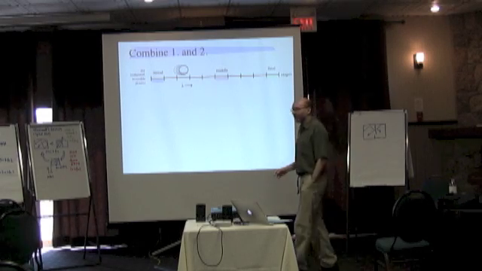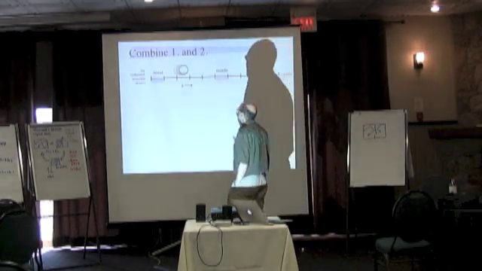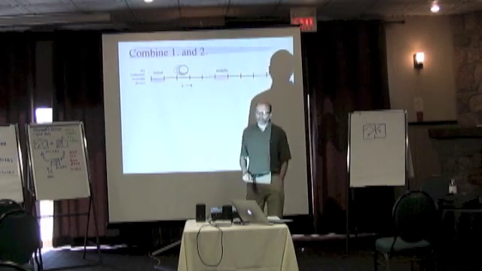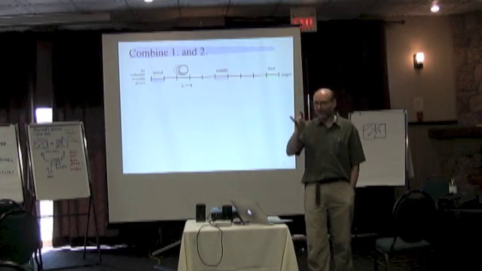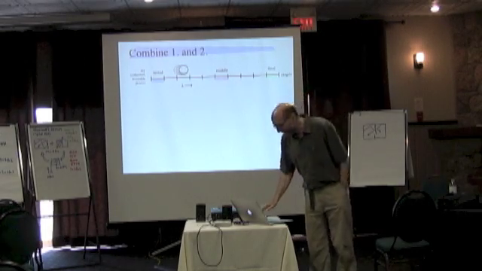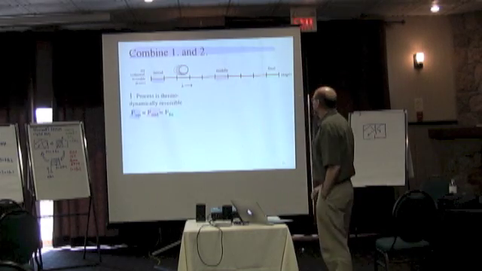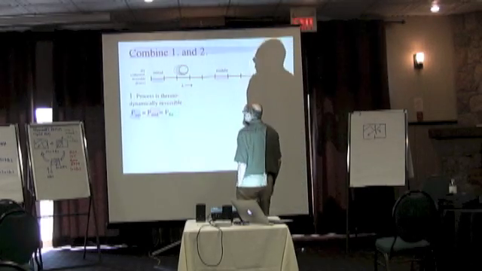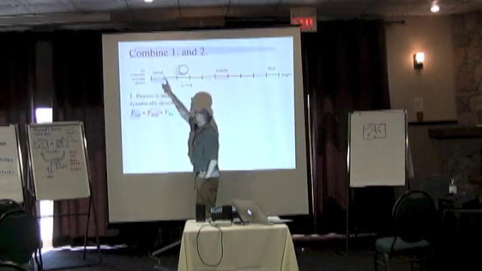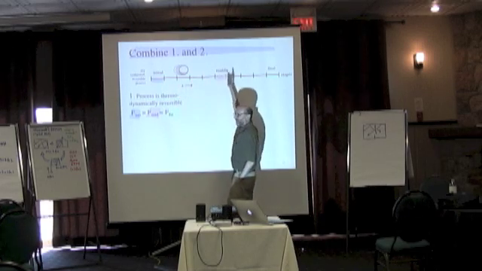Now, what do we know about this? It's a self-contained isothermal reversible expansion. So I'm just going to take the two results that we had earlier on and combine both of them. First, the process is thermodynamically reversible. That means that the free energy of each of these states is the same.